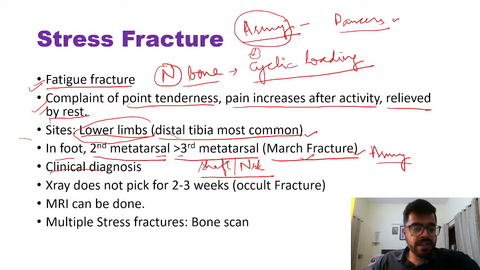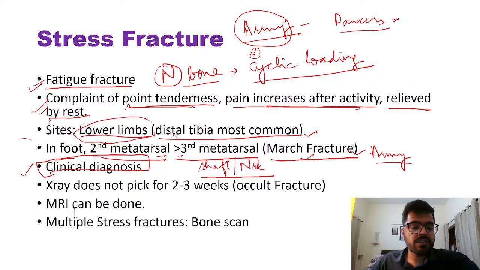It is a clinical diagnosis. Most of the times, the patient presents with a history of some repetitive activity, maybe a marathon runner, a dancer, army personnel, or some sports person, and comes with point tenderness and pain which increases with activity.